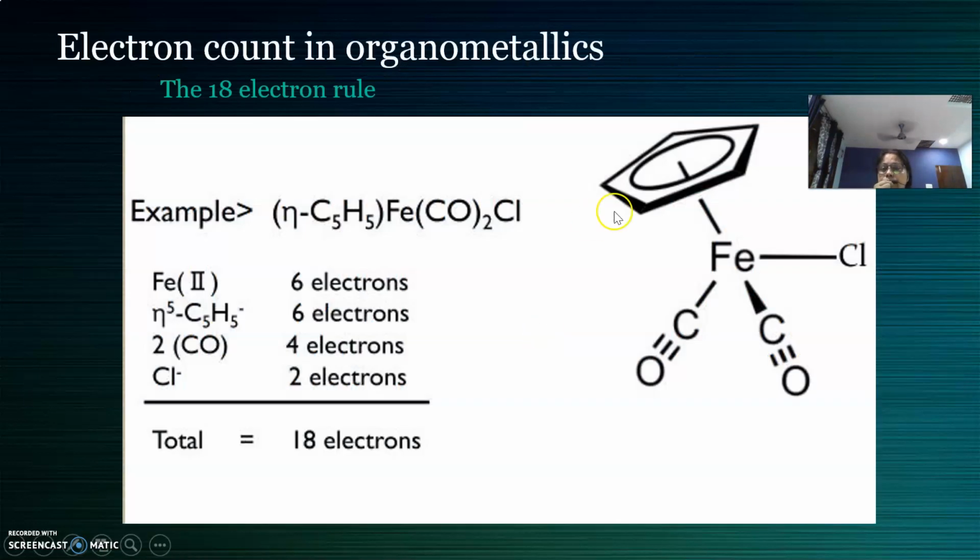So another compound. Here you have a Cp ligand along with carbon monoxide and chlorine. Now if I go for the ionic method, here you see chlorine is taken as Cl-. Cl- means it is taken in the ionic form, and iron has to be taken as 2+. Now chlorine can take only 1 electron, Cl-. Where will the other electron go? The second electron will go to the Cp ligand. Hence you see that it is Cp-.